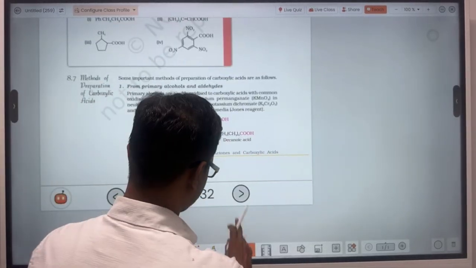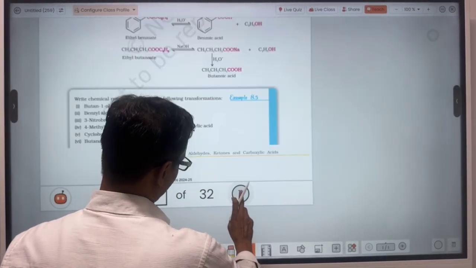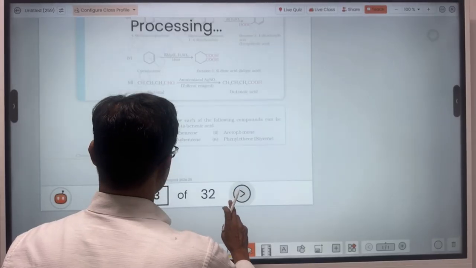Okay, about these questions we have discussed, and the method of preparation is also discussed. Now let's see the physical properties.